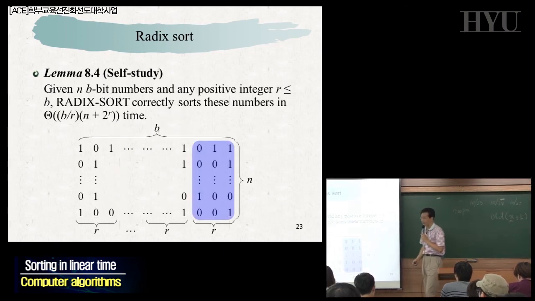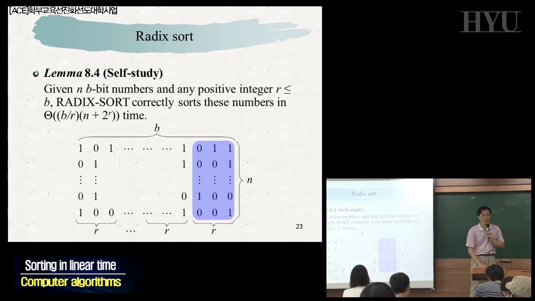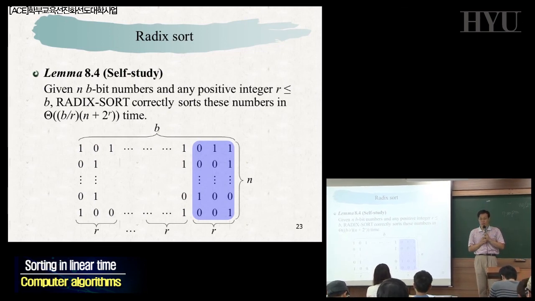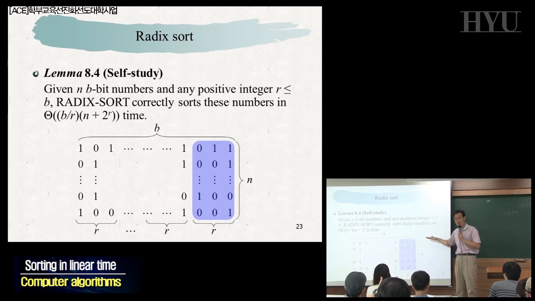Look at this. Every number can be represented by binary systems. So from now on, let's look at their binary representations.